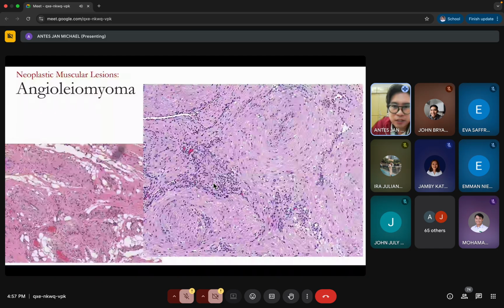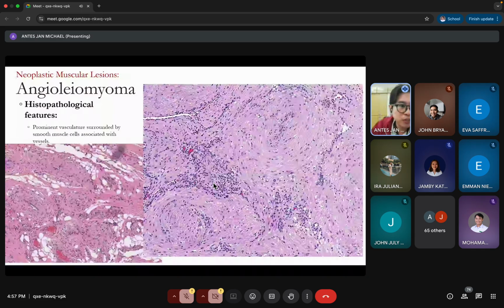This section here, this one is one blood vessel right there, one here, and then another here, and then another here. The spaces that you see here are actually adipose cells, but the main focus here is that the blood vessels are peculiarly thick, the muscular layer is thick.